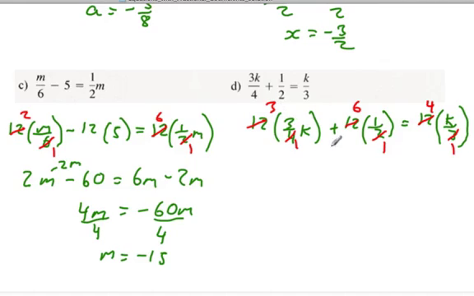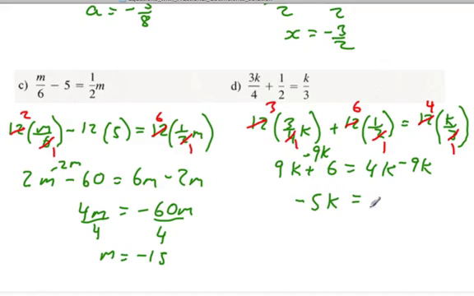So this is 3 times 3k is 9k plus 6 is equal to 4k. Easiest way to isolate the variable is to subtract 9k from both sides. So 4k subtract 9k is negative 5k is equal to, and the left-hand side here simplifies to be 6.